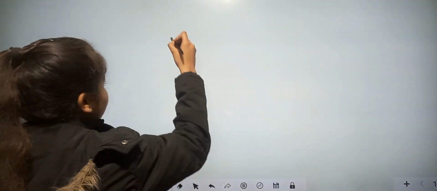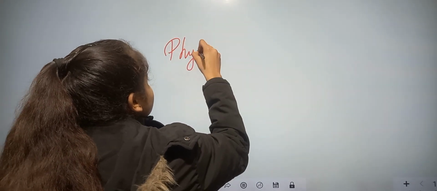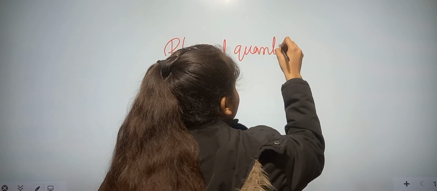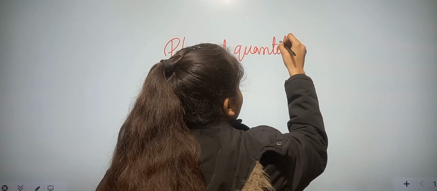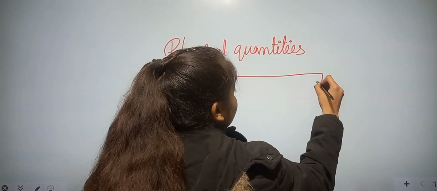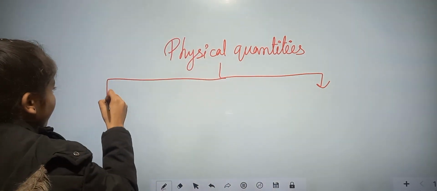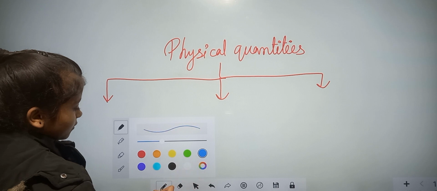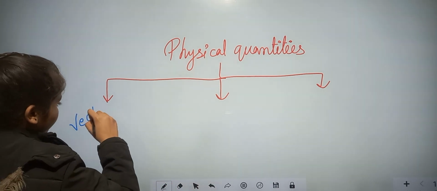So in this video we will discuss, in the previous video I had discussed about types of physical quantities. First one is vector quantities.